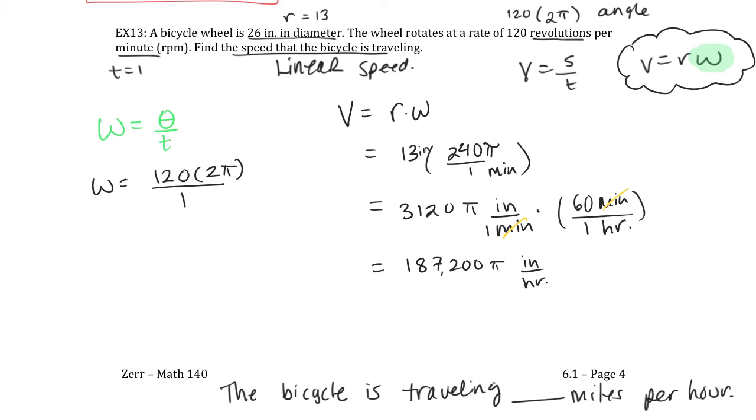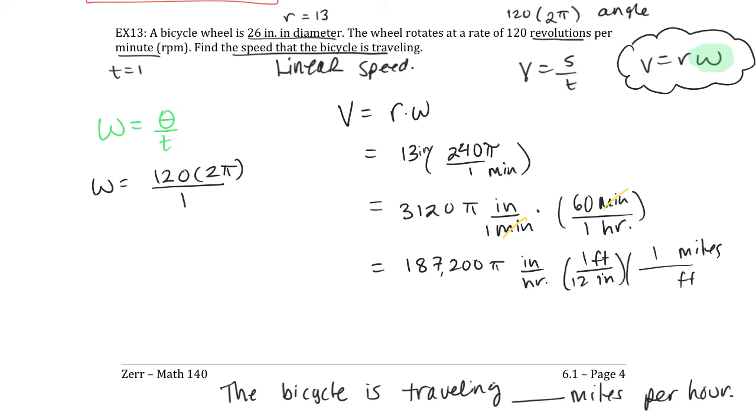So now we need to work on our inches. I want to get rid of inches, so I'm going to put those down here, and I'll convert that to feet. 12 inches is 1 foot, and then I don't want feet, I want miles.